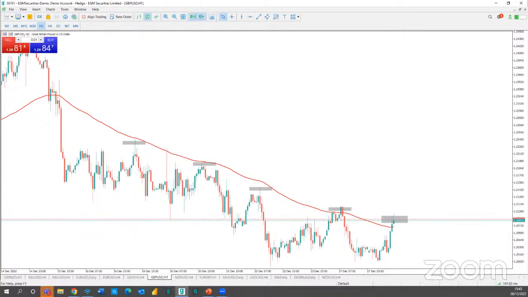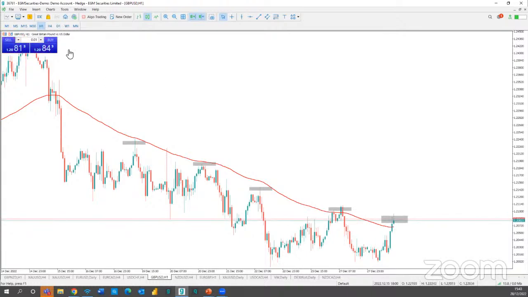Jerry is asking, what's the best time frame for using the trend line for gold? Well, this trend strategy, you can use on any time frame, but of course, if you go to lower time frames, you will have a lot of noise.